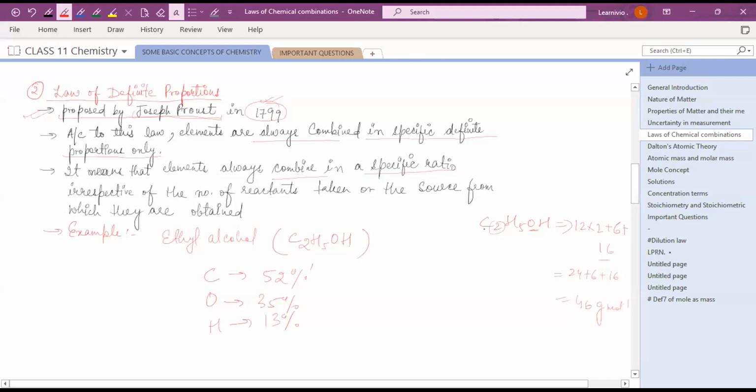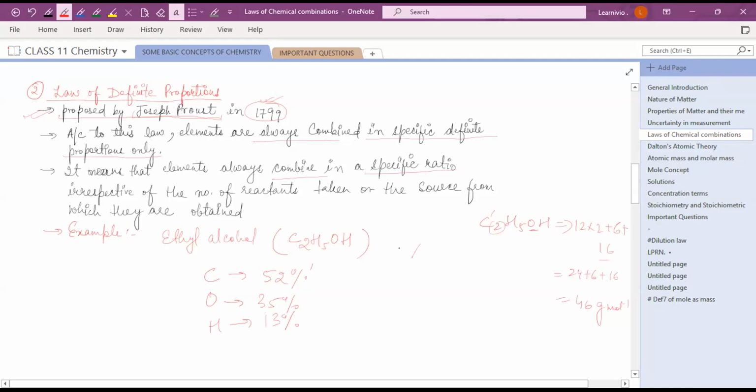Now if I tell you to calculate each and every element's composition, how will you calculate? How many carbons are there? Aisha, tell me how many carbons are there? 2 carbons. Okay, so what is the mass for 2 carbons? 12 into 2, 24. Yes.